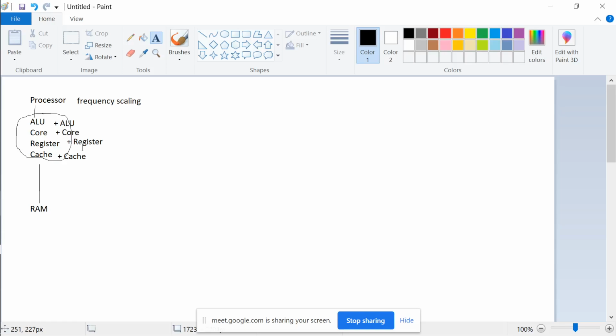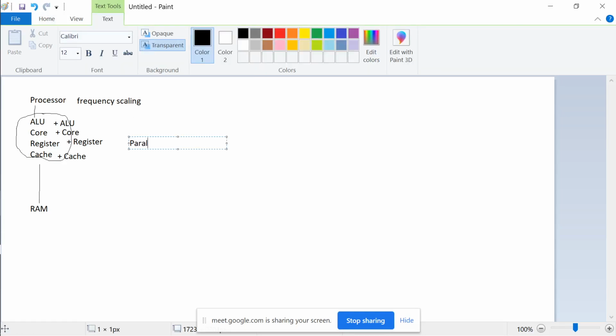If you have 3 people, you can have 300 bricks per day. You see, by increasing the number of people, more work can be done. In the same way, inside the processor, if you multiply all the parts inside the processor, it becomes easier for the processor to do more tasks, and that is how parallel computing is achieved.